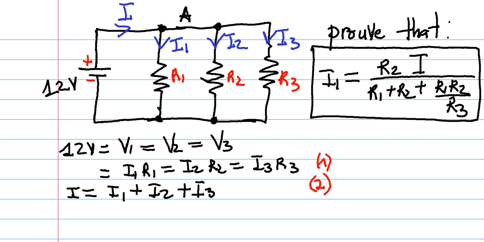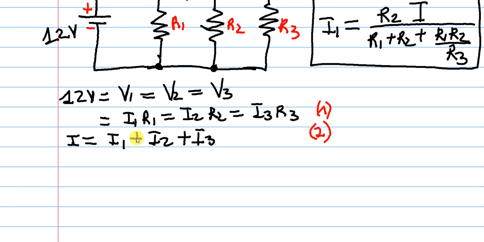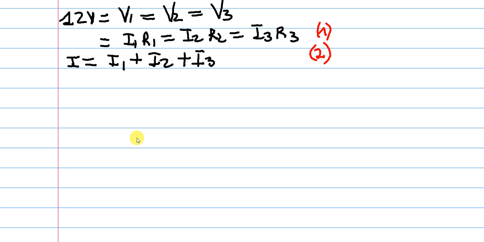Now, from equation 1, we can simply consider only these two items because we are looking for the expression of I1 in terms of the main current.